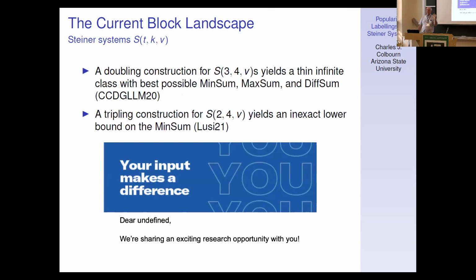But nevertheless, it really tells you that maybe for Steiner quadruple systems, one can say a lot more. For S24Bs, Dylan Lucy has done quite a bit of work using the tripling construction, but no matter how much effort he's put into it, he's still epsilon away from getting anything that will match the bound. So I think for blocks, we need a lot of work.